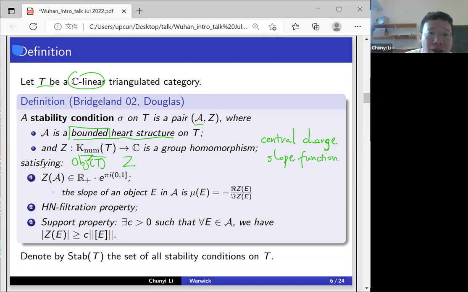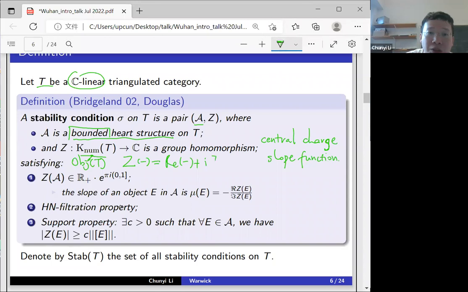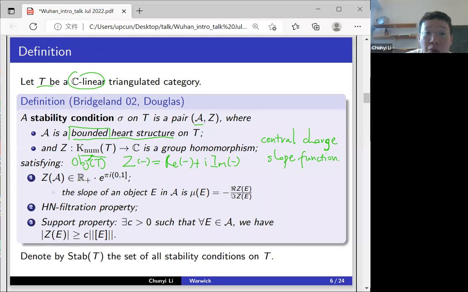And that is a map to a complex number, with a real part and an imaginary part. Equivalently, you can define an actual slope function for objects in this category. It's just defined to be something like that. So naively speaking, there are some requirements on the heart.